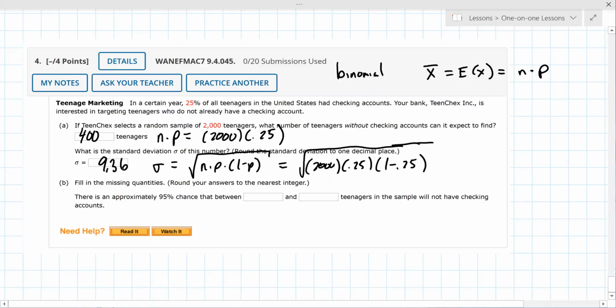And then there's an approximately 95% chance that between blank and blank will not have a checking account. That's interesting. This might be asking, let me just check these two answers. It might be asking the other direction. Why didn't that copy in 19.36?